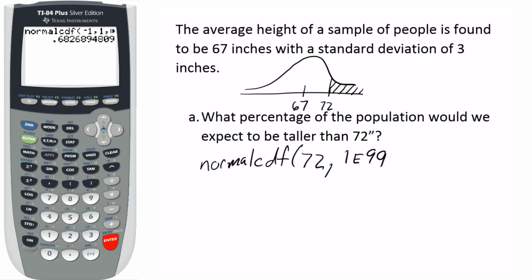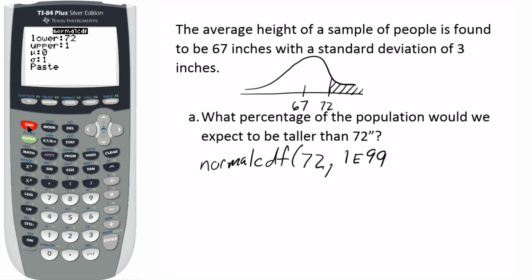So, how do we put that in the calculator? Well, let's go back to normalcdf. So our lower here is going to be 72. Our upper, we want to put 1e99, so we'll do 1. The E button is right above the 7 key on your calculator.